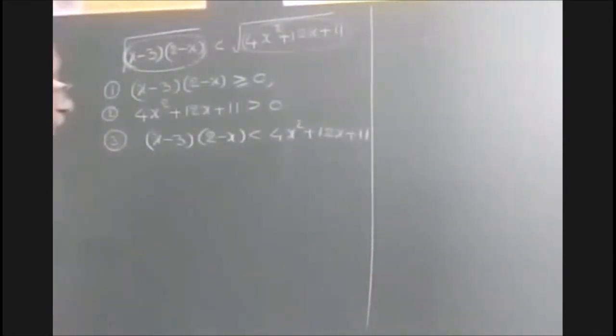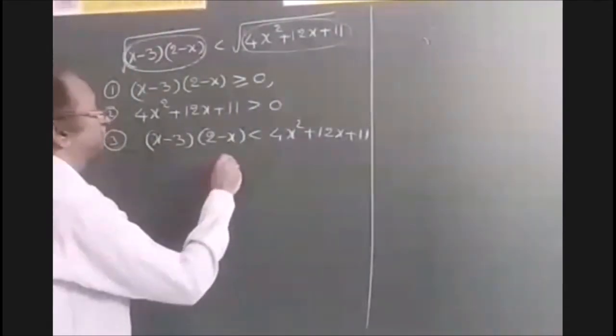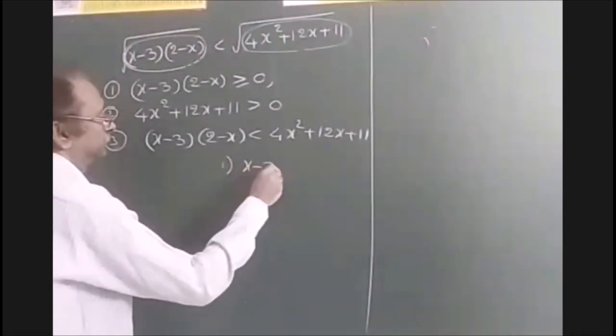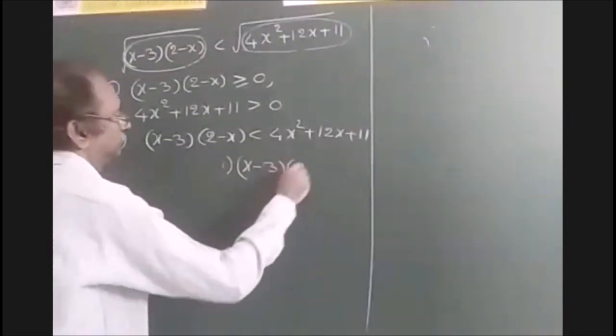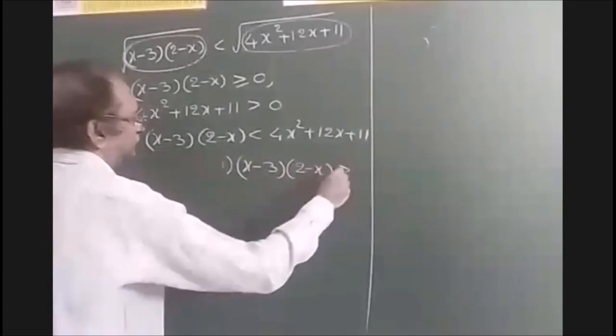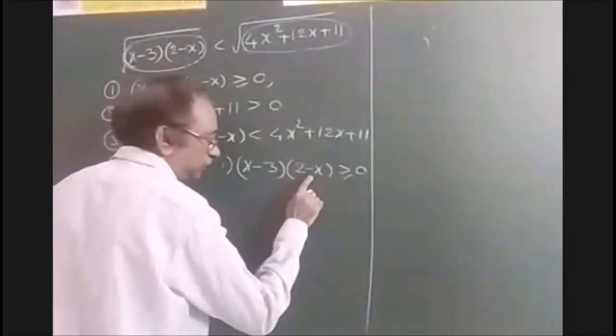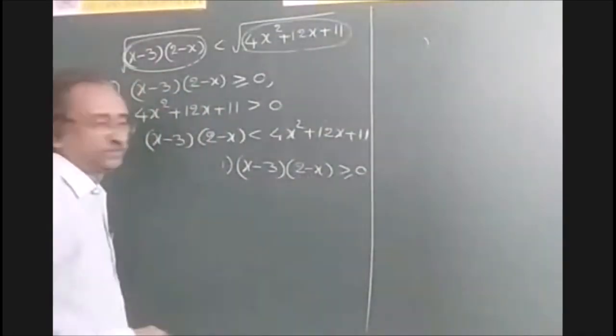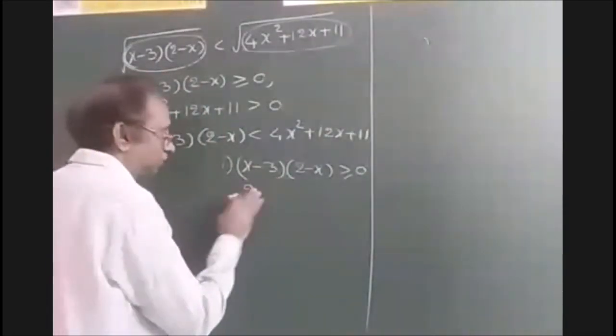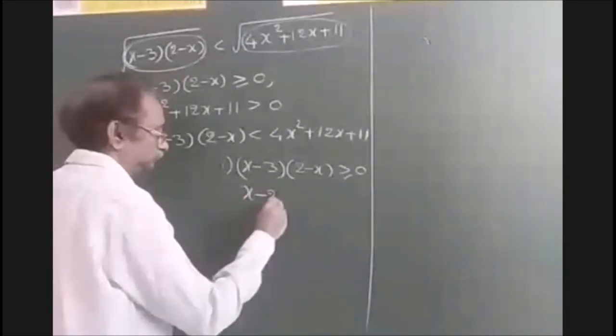Okay, let us see the first one. (x minus 3) into (2 minus x) greater than or equal to 0. I can't proceed with 2 minus x here, therefore I will multiply by minus to get x minus 2.